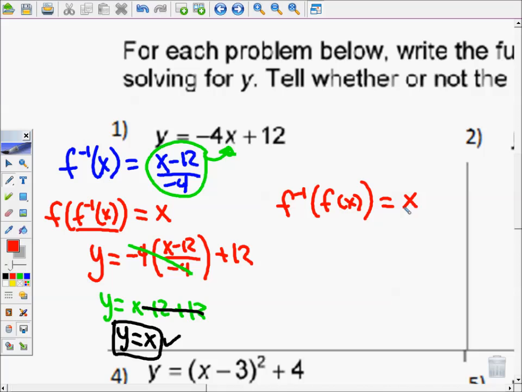So this time, I'm plugging in the inverse. At this point, I strongly suggest you simplify your inverse. And by simplify, this takes you back to Algebra 1. That is the simplified version of your inverse. The reason is you divide each term by negative 4.